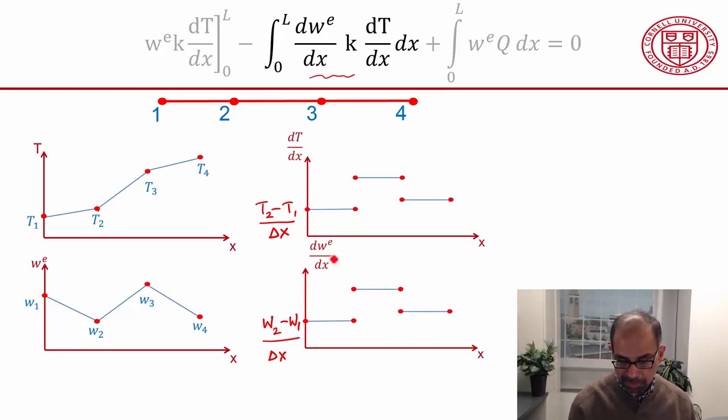And then I need to plug these variations in here, and let's say I'm doing it over the first element. This is constant, and k is constant, so I can bring all of this out of the integral, and I'll just get integral of dx over the element, which is the length of the element.